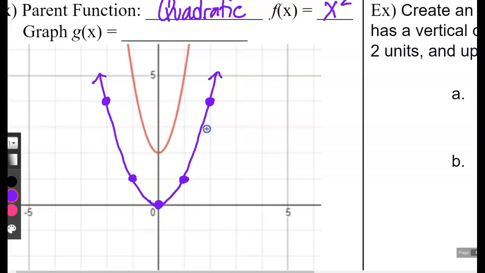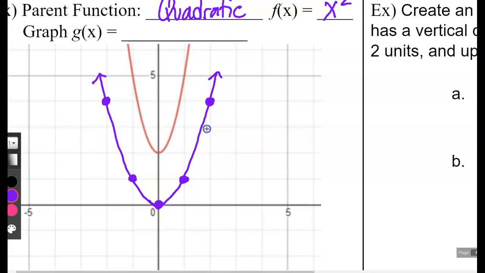All right. The reason I wanted you to draw the parent function: do you notice that the new function, the red line, g of x, they're calling it, is it the same width? It's skinnier.